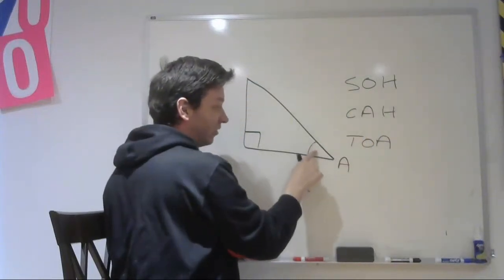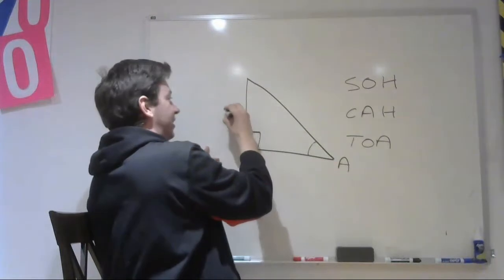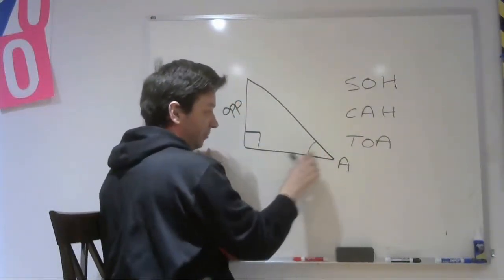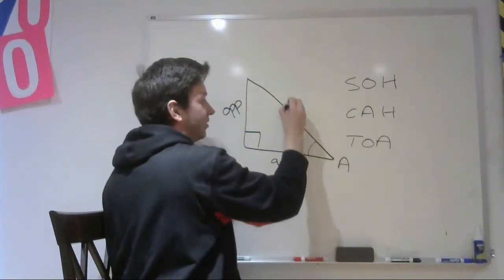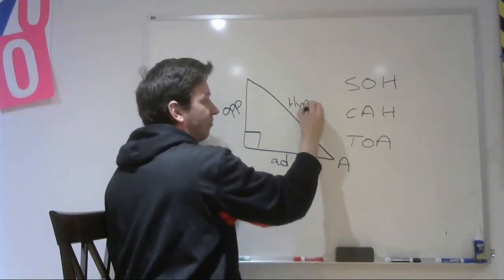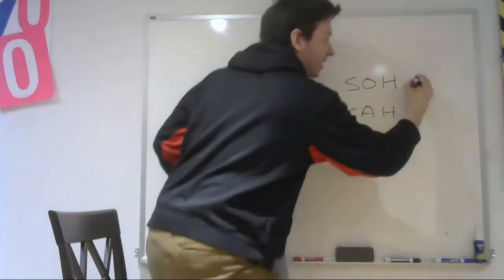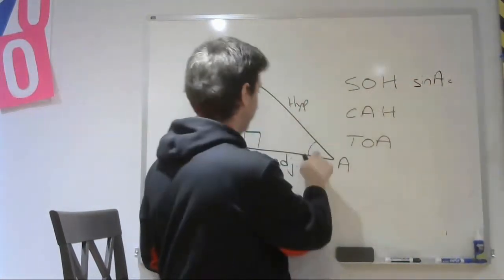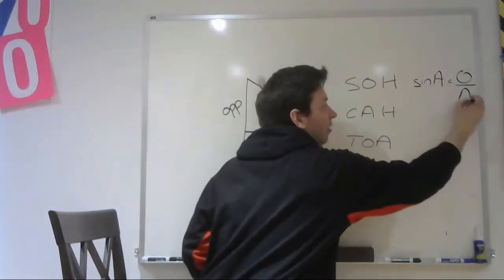So if this is the angle that we're considering, the opposite is over here. The adjacent, which is next to it, is here. And the hypotenuse, the longest side, is here. So this is pretty much saying that the sine of A equals opposite over hypotenuse, right?